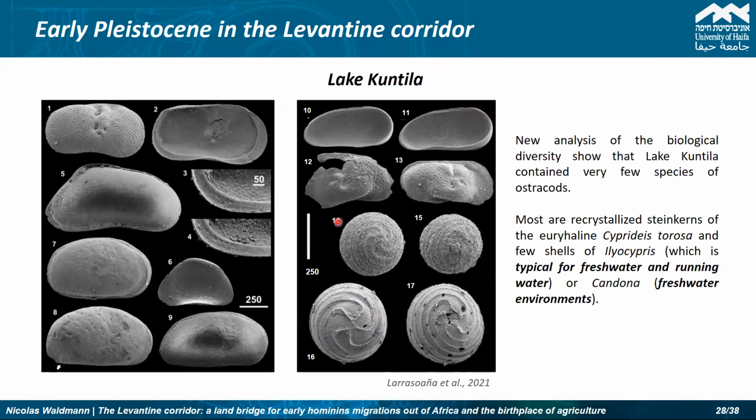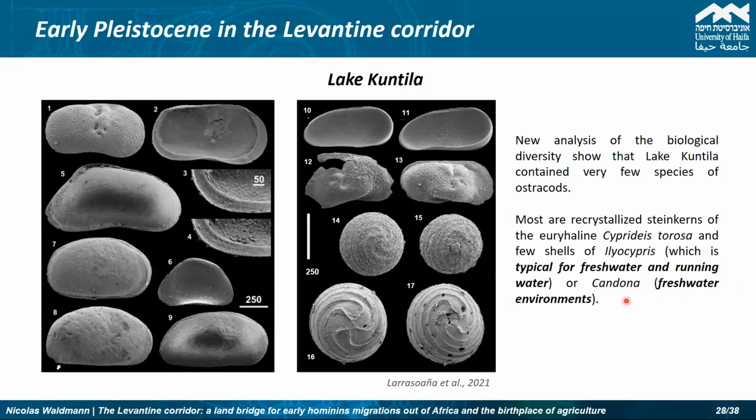So we see here the ostracods, and the biological diversity shows very few species of ostracods, and most of them are recrystallized, but we see that there is a euryhaline Cyprideis torosa and a few shells of Leucocypris, sorry for my English, which in other words are typical for freshwater and running water, or Candona, which is freshwater.